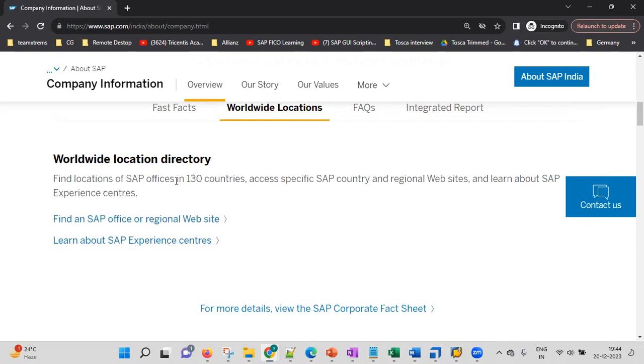SAP is used in more than 130 countries, like India, Australia, South Africa, USA, Canada, Austria, Hungary, France, and so on. If you learn SAP, you can go to any of these countries and find opportunities for the same role. Getting my point?